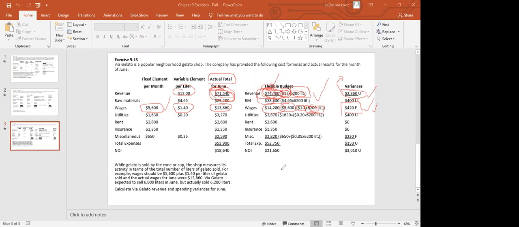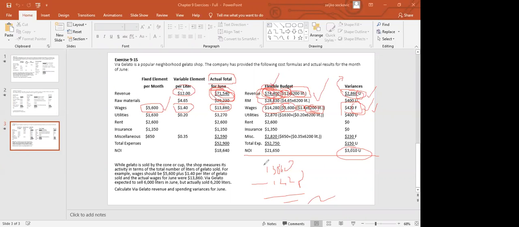And again, don't look at this in a math sense. 13,860 minus 14,280 is a negative number, but that's not unfavorable. In terms of cost, that's favorable because your cost is lower. And the bottom line is net operating income is an unfavorable variance.